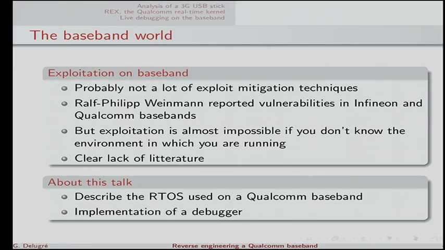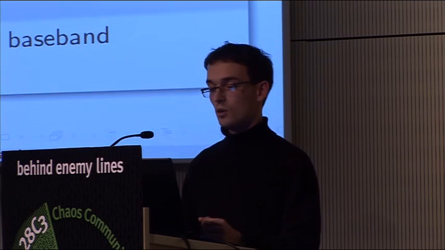There has been prior work on baseband exploitation. One of them was presented last year at the 27C3 by Ralf-Philipp Weinmann, who reported vulnerabilities in Infineon and Qualcomm basebands. But there are not many details on what the code environment of the baseband is.